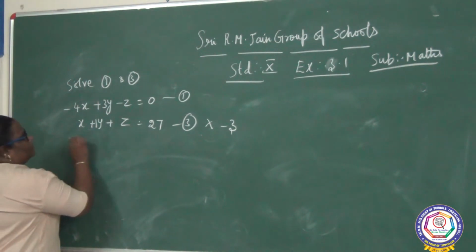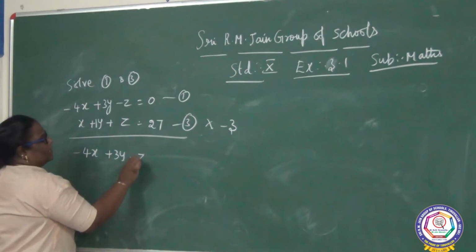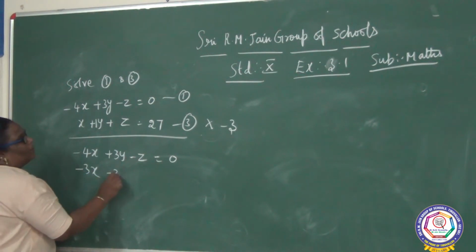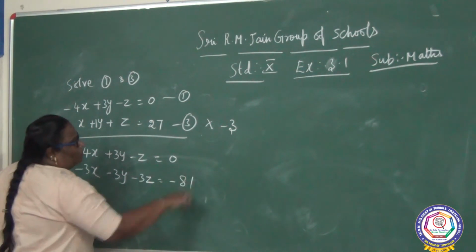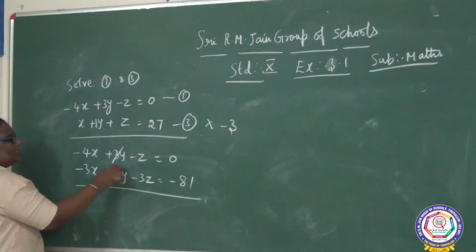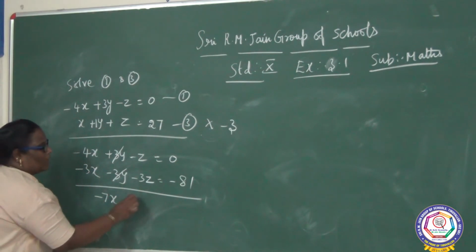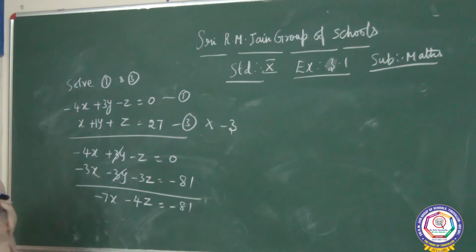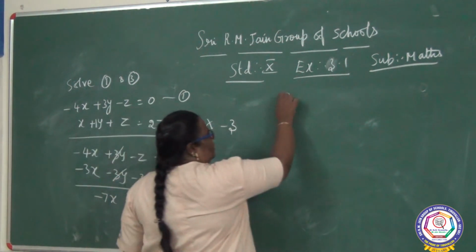See here, -4x + 3y - z = 0 and -3x - 3y - 3z = -81. So cancel the term, +3y - 3y get cancelled. What is the answer? -7x - 4z = -81. This is the fifth equation.